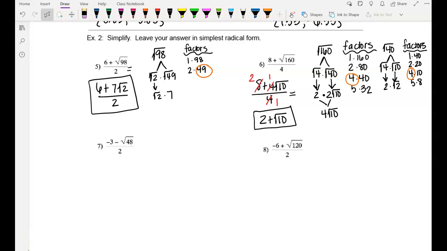So number 7, negative 3 minus the square root of 48.